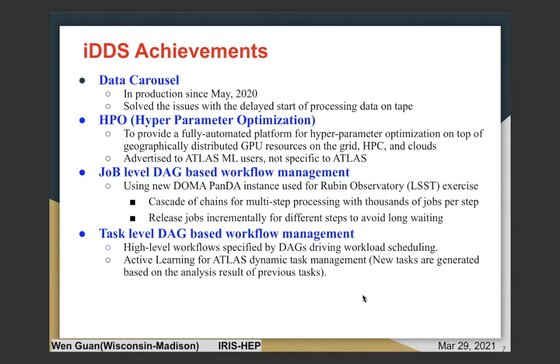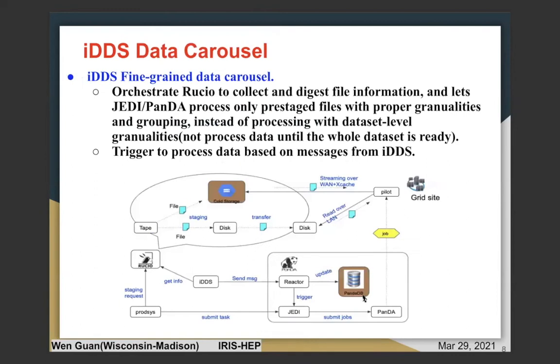Okay, so now first I will talk about the iDDS data cursor. It's a fine-grained data cursor use case. iDDS works to orchestrate rules to collect and digest file information, and then send a message to Jedi and Panda.